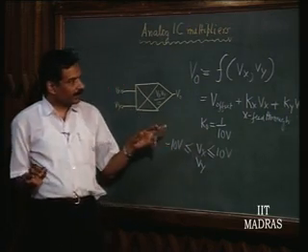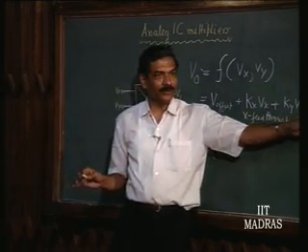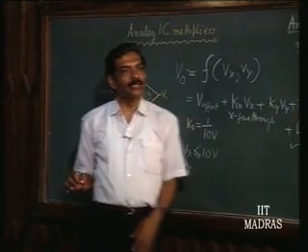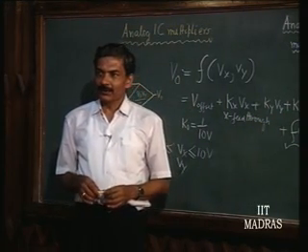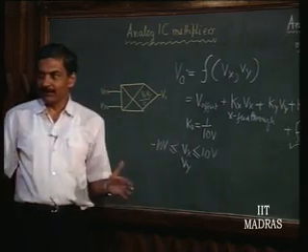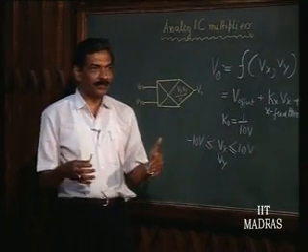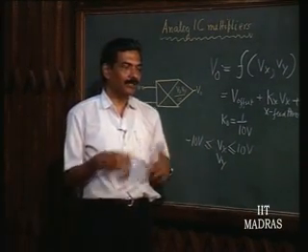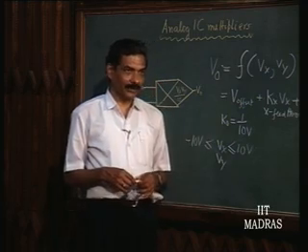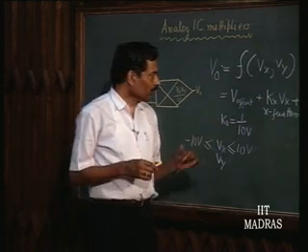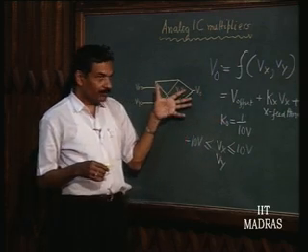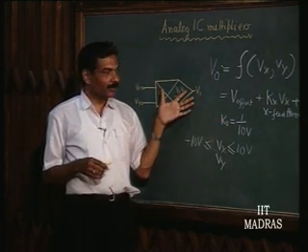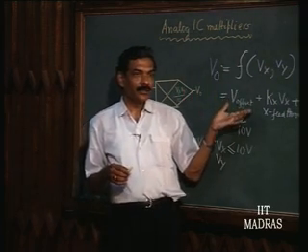If K naught is equal to 1 over 10 volts, the maximum output of this multiplier will be 10 volts. So, these are compatible with one another, and you can connect these multipliers in cascade without any problem of dynamic range.